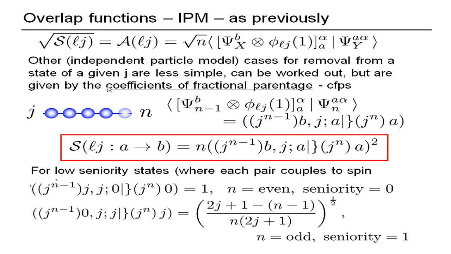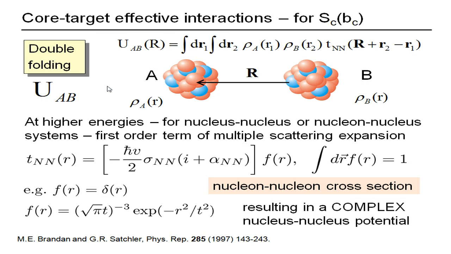So we had the two limits. If there's only one particle in the orbit, the spectroscopic factor is 1. If the orbital is filled, the spectroscopic factor is 2j plus 1. In between, more complicated things happen, and it zigzags back and forth, but at the ends it's very simple. So we can use that in a moment.